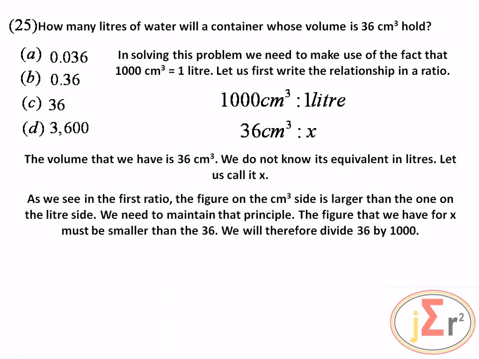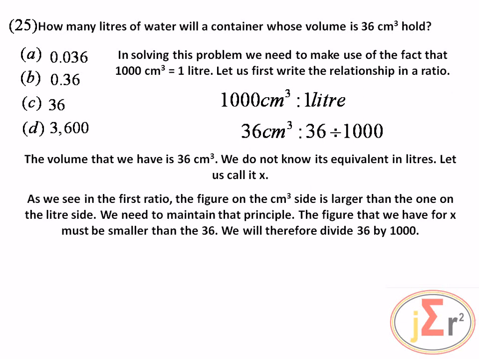We have seen quite a bit already, and no doubt we'll see quite a few coming again. But in this particular case, we are just using a simple analysis. On the left hand side, the number is always larger. We want a figure that is supposed to be on the right hand side. It is to be smaller than its counterpart on the left. We will therefore divide by 1000.